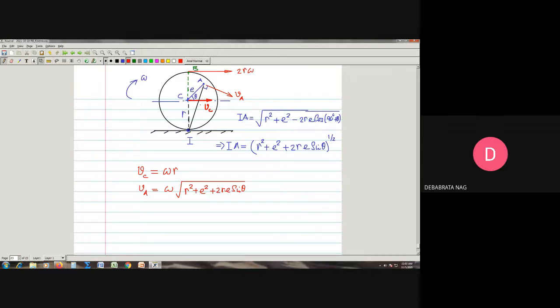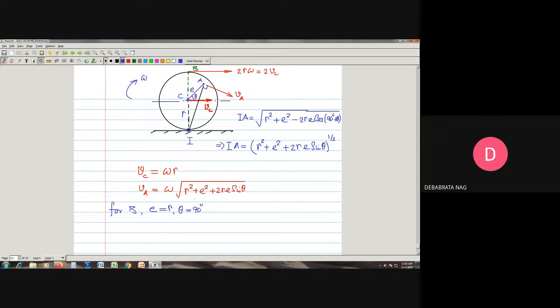So this is twice the magnitude of the velocity of point C. And this can also be found from this equation. For point B, in our formula, we see that E becomes equal to R. Secondly, theta becomes equal to 90 degree.